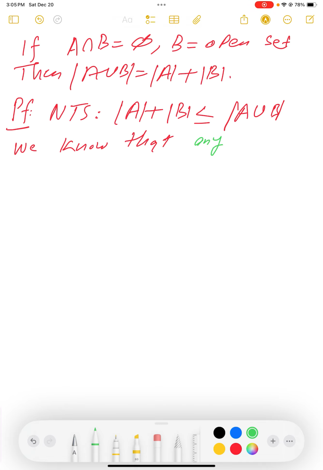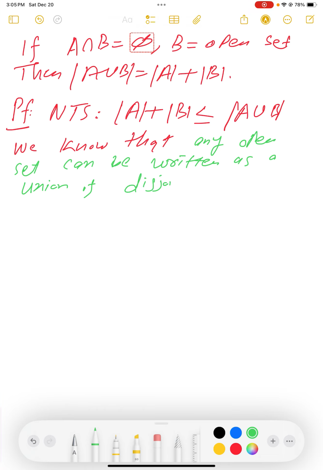any open set can be written as a union of disjoint open intervals.